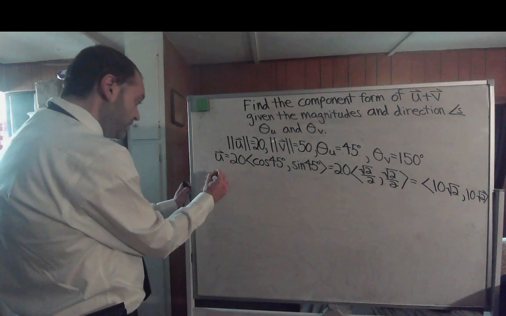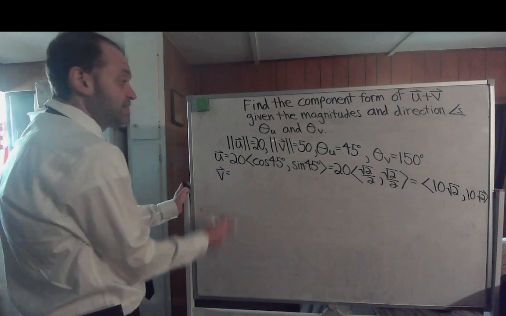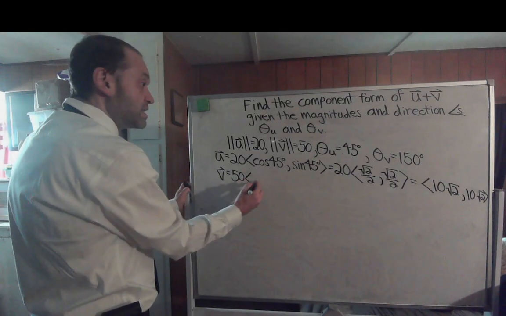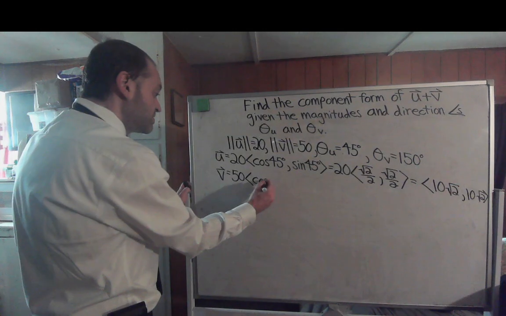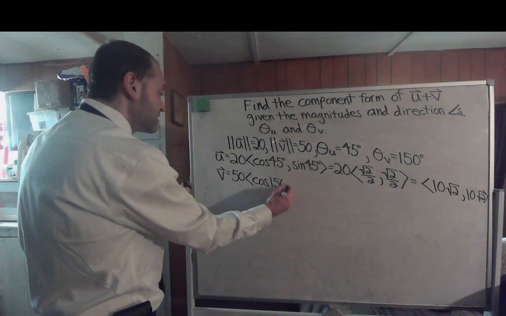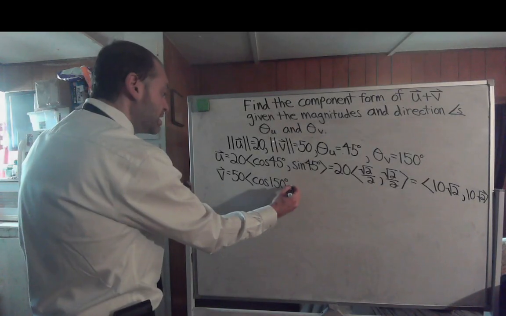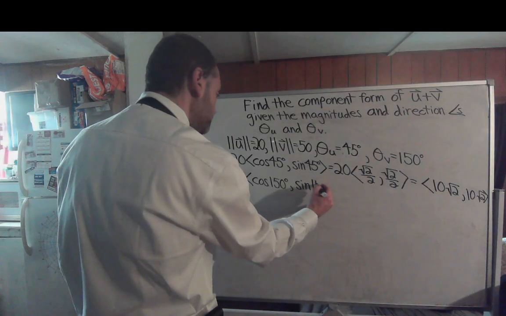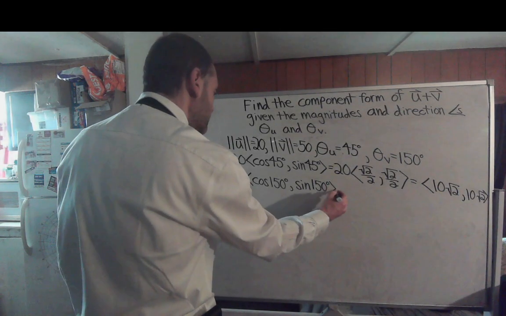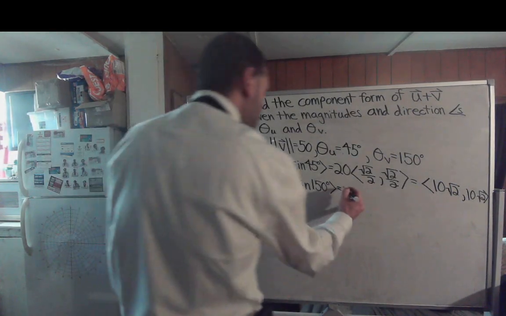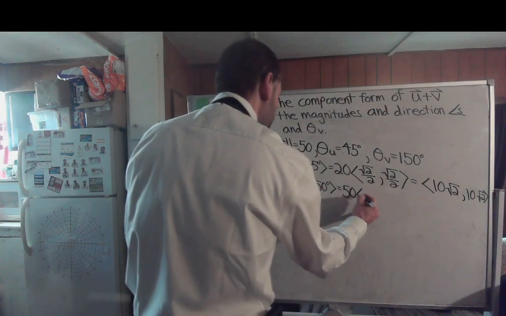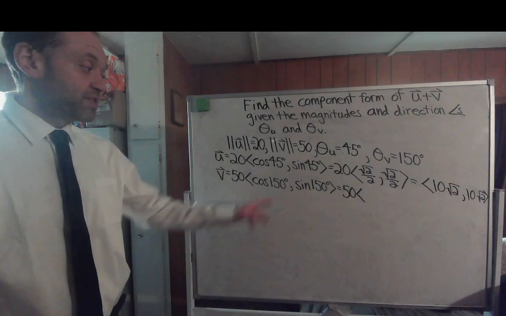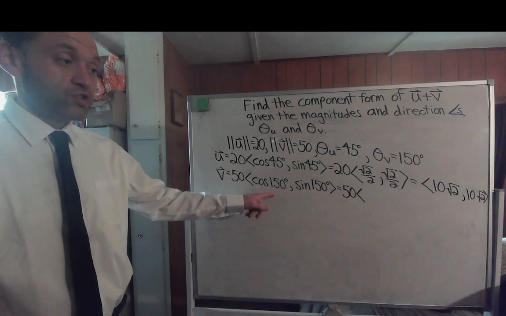All right, so there's your vector u. Let's find vector v. Vector v has a magnitude of 50, so take that 50 times the vector of the cosine of 150 degrees, and then the sine of 150 degrees. So that's going to equal 50 times whatever these results are. Okay, 150 degrees is the same thing as a 30-degree angle in the second quadrant.